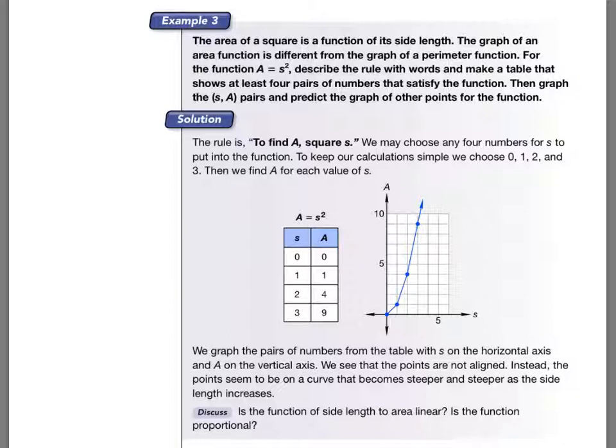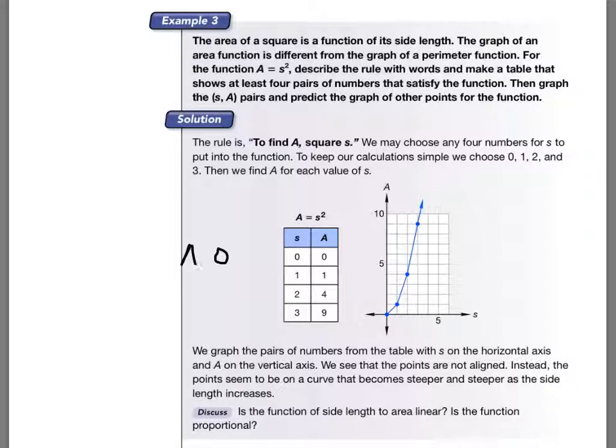Okay, so the function in words, A equals side squared, is here. To find A, square s, or square the sides. Here we're gonna choose 4 numbers for s, and the numbers are 0, 1, 2, and 3. So write this table into your notes. And then we're going to square 0.